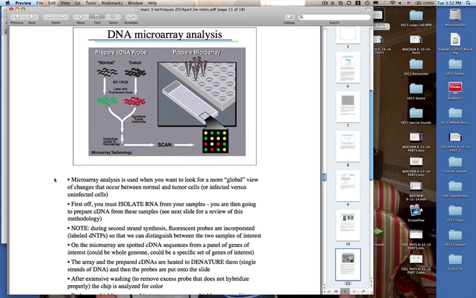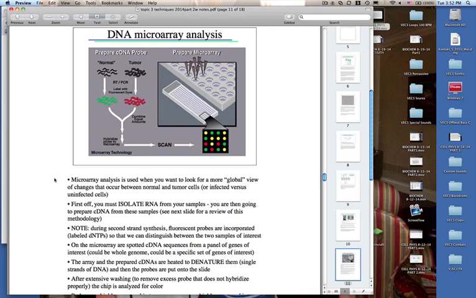Now you can have gradations of red or gradations of green, depending upon how much you've got of any given individual color. Okay? So if you've got exactly the same amount of that cDNA in your tumor and your wild type cell, they are going to hybridize to that spot at the same exact ratio, and you're going to have a yellow spot.